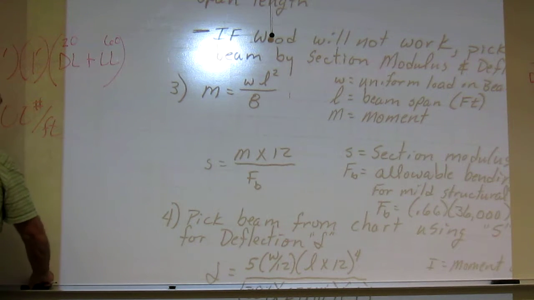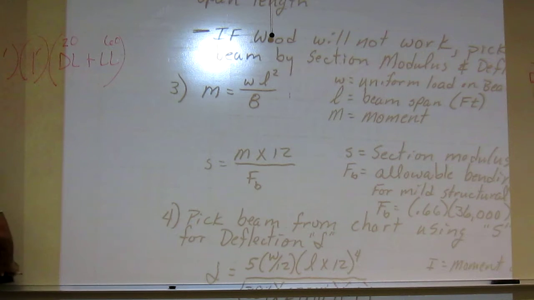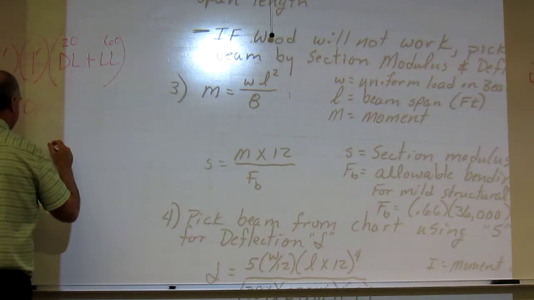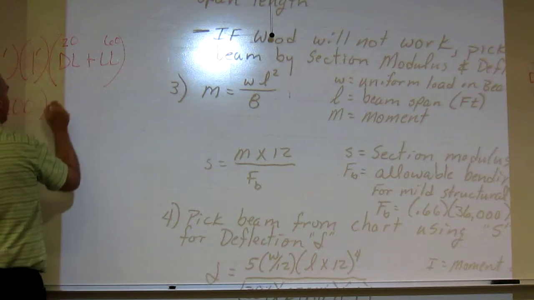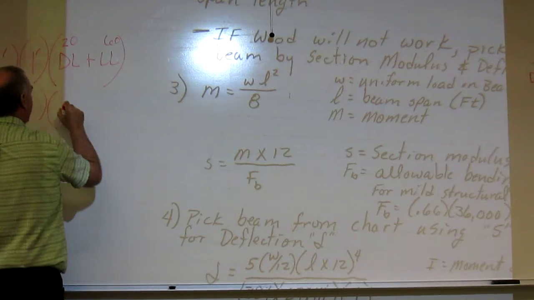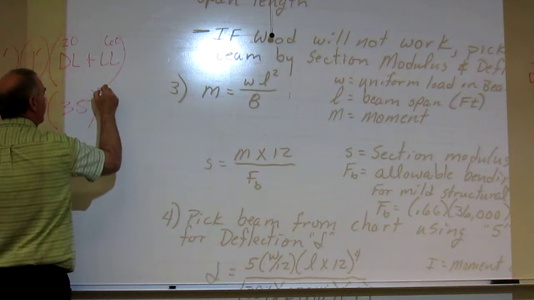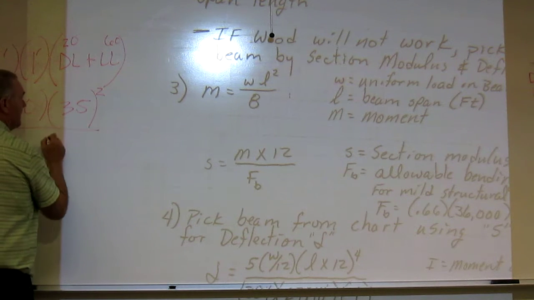So therefore, M is equal to 400 times my length squared, and that squared is divided by 8.